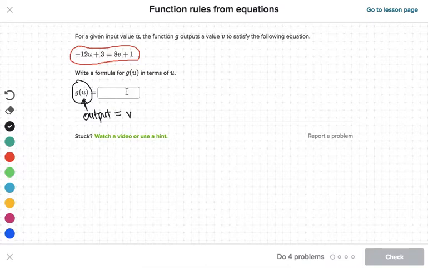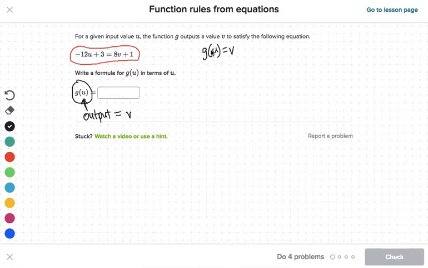Just wrap that around your head for a minute, because what that means is that when you approach this equation, you want to solve this equation for v in order to get g of u, because g of u is equal to v. Okay? So if you get that idea, things start to make more sense.